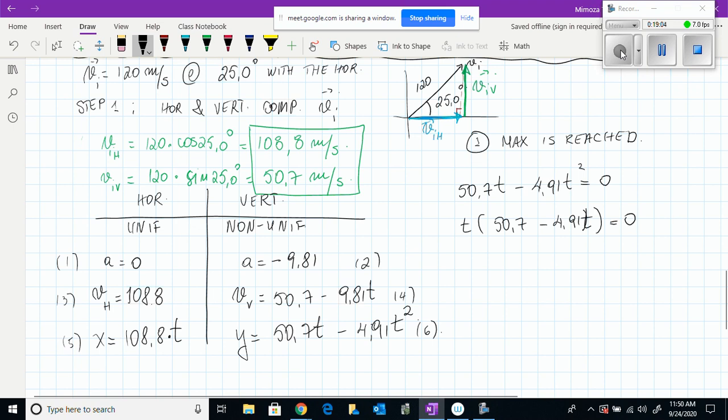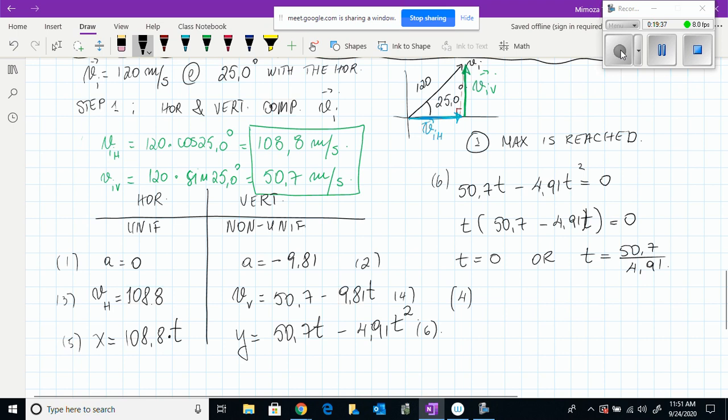Using the zero product property, you can find that t is equal to 0 or t is equal to 50.7 over 4.91. This is what you will do if you are using equation 6. But another answer here is equation 4, and that is the easiest.